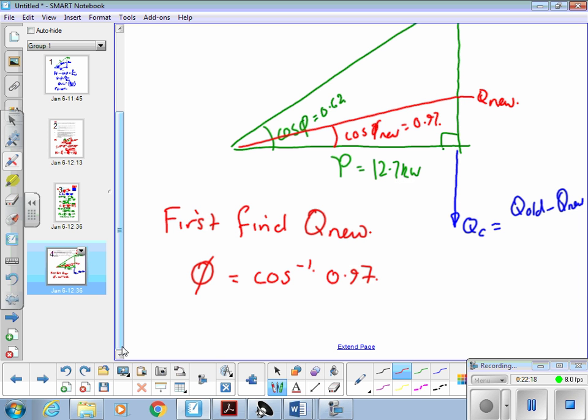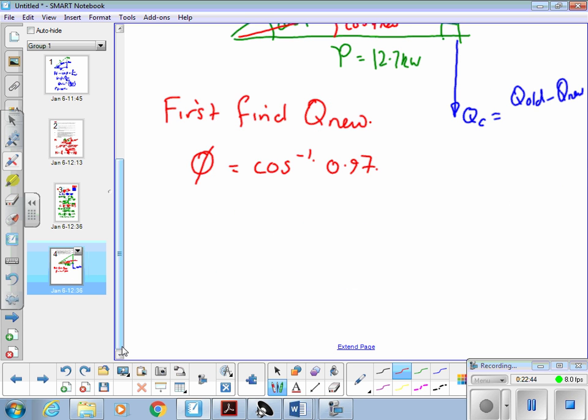So the proper way to do it would just be to leave the angle as cos to the -1 of 0.97. Because of the information you've got, P, and you want Q, that's adjacent and opposite, so we need to use the tangent, don't we? Because you can use that directly. You don't need to calculate the angle.